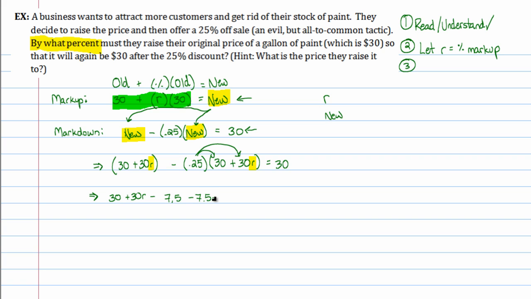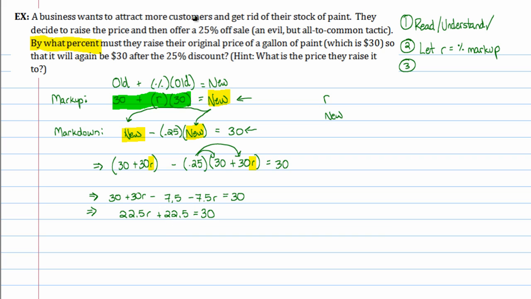So that's also going to be a negative 7.5r. Combine like terms. 30r minus 7.5r is 22.5r, and then 30 minus 7.5 is again 22.5.